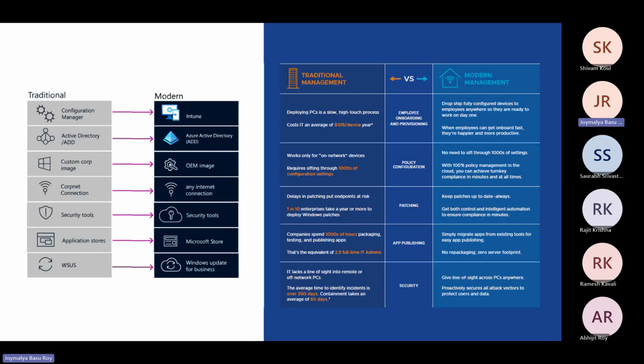So from Configuration Manager to Intune, from Active Directory to Azure Active Directory, from a custom image to an OEM image, from corporate network connection to any internet connection, from on-premises security tools to cloud security tools, from on-premises application store to a cloud store, and from Windows Server Update Services to Windows Update for Business. Right? This is what we are talking about.